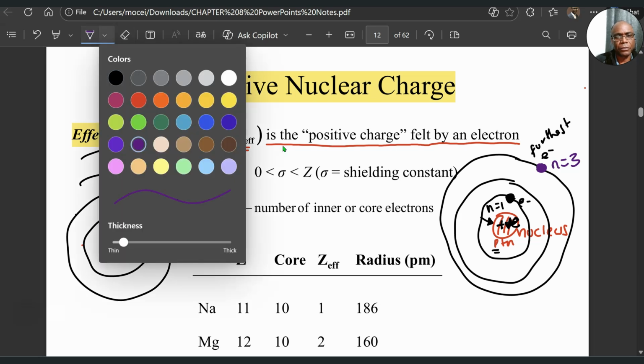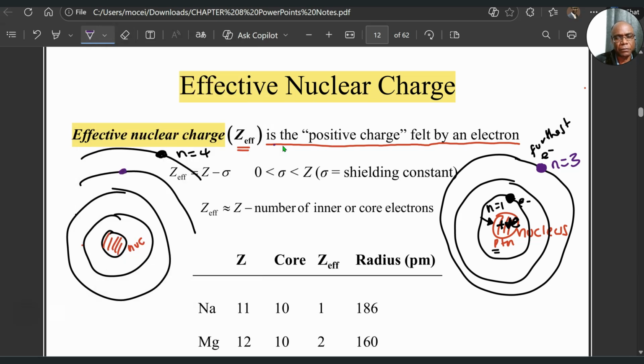So remember how you have an electron on n equals 3, and then let's assume you have an electron on n equals 1, and of course you have another on n equals 2. So these electrons will be attracted differently to the nucleus, which is positive. Electrons are negative, the nucleus is positive.